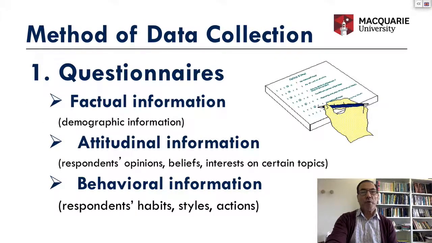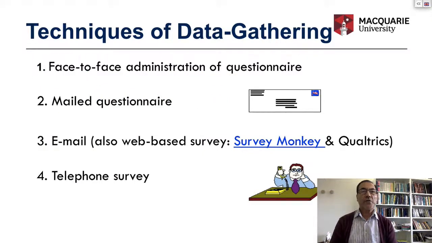How do researchers go about collecting their data from participants? There are different ways that those who do questionnaire survey can collect data from participants. These include face-to-face administration of questionnaire. If you have access to participants and if it's possible to bring them together in one place at one time, then it would be very efficient to distribute the questionnaire among the participants and collect the required data.